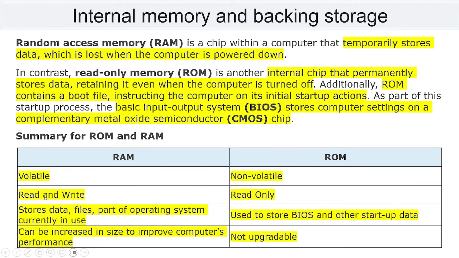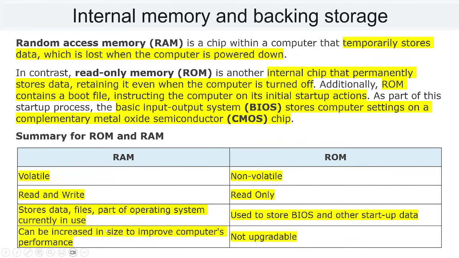Again, RAM is read and write. In other words, you can put things there and take them out, whilst on the ROM, you only read information from there. And then you can also store data files and part of the operating system on the RAM. Whilst the ROM only stores the BIOS, that is the basic input and output that you need for the computer to start.